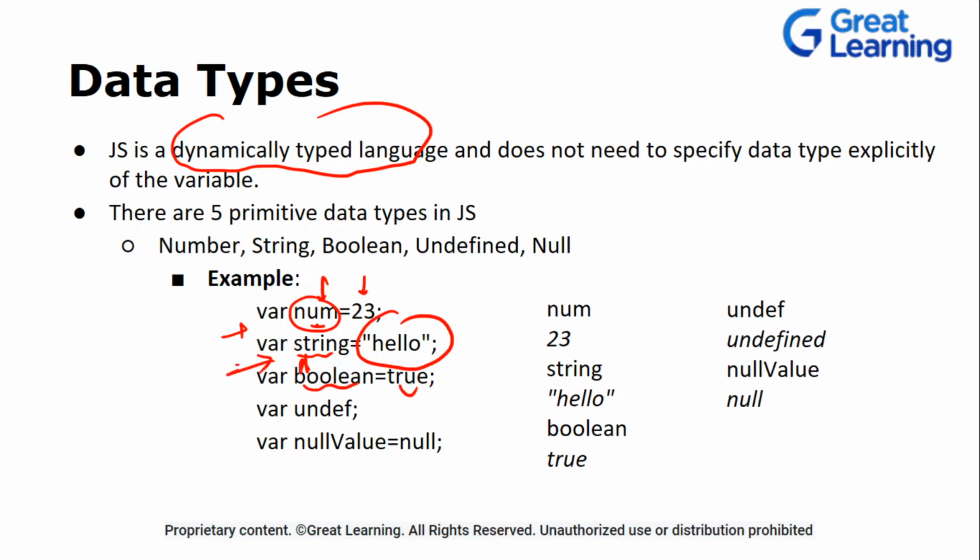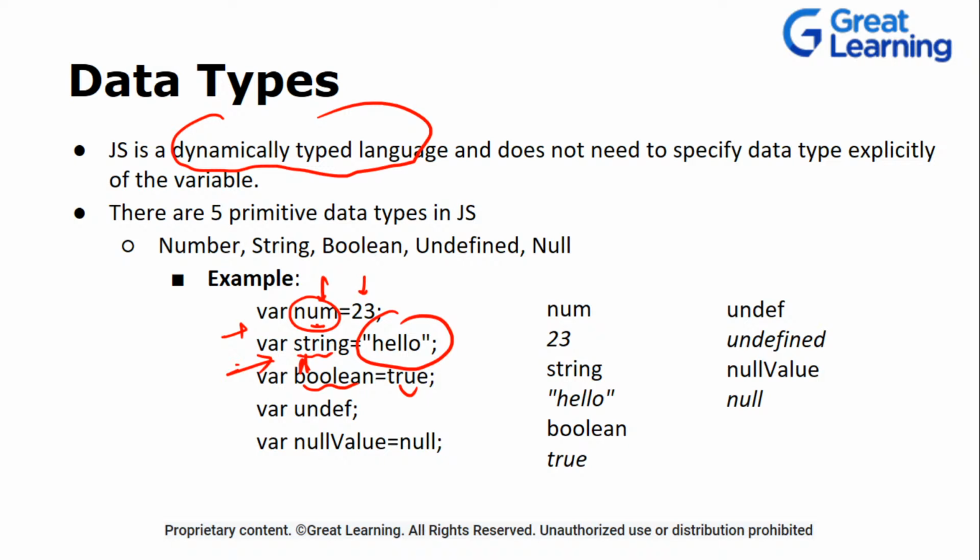So in a dynamically typed language you don't have to specify explicitly whether it is an integer, a float, or a string. This is one of the differences between Java and JavaScript. Obviously, there are many more differences, and we'll talk about them one by one in this session.